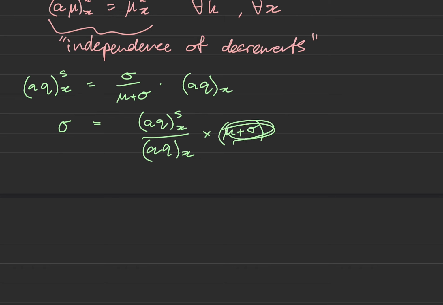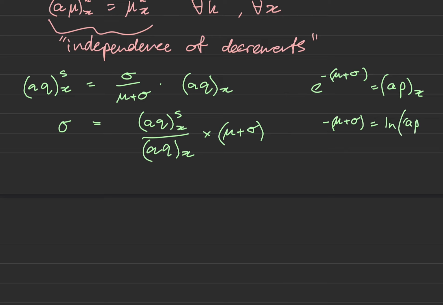But now, where do I also recognize this mu plus sigma from? Well, in e to the minus mu plus sigma, this was equal to ap x. Okay, but I just need the mu plus sigma there. So I take the natural log of both sides, and then I'm left with minus mu plus sigma equals ln of ap x, and then I multiply both of those by the negative, and I get that.